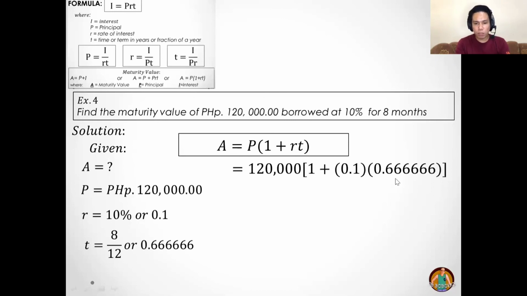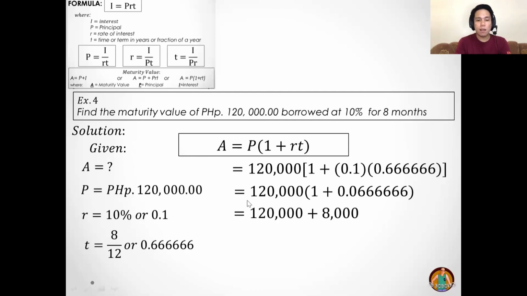0.1 times 0.666666 will give us 0.0666666 pa rin. Okay, so 120,000, of course, distributive property of multiplication, kagaya na ginawa natin kanina. So 120,000 times 1 and 120,000 times 0.066666. Okay, so it will give us 120,000 plus 8,000.